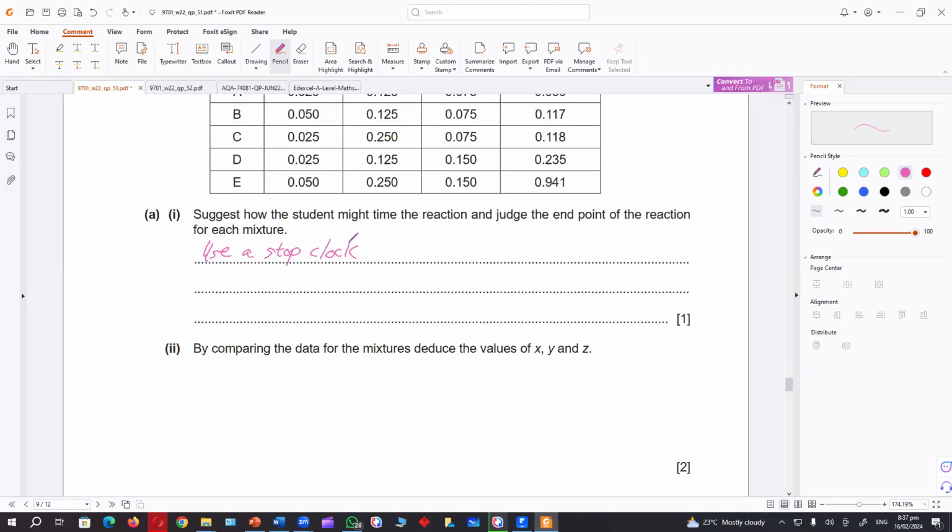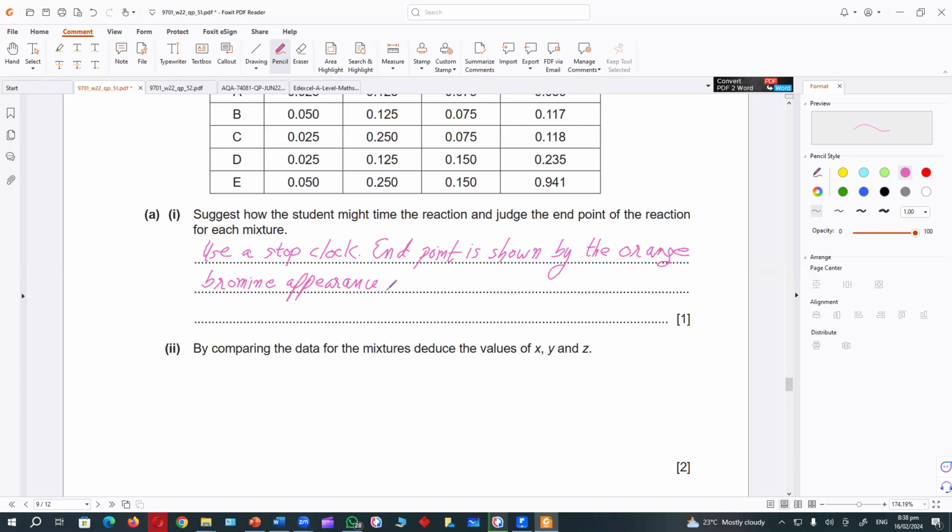Yes. What should we time? We should time till the end point. Yes.